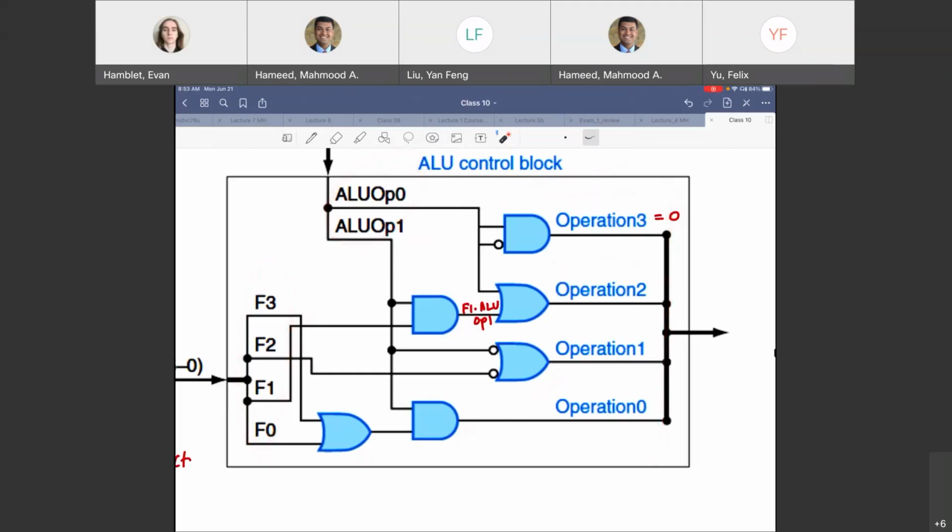So that's how this circuit is computed. Yeah, go ahead. Oh, say that again. Yes, always a 0, right? Because we have hardwired this and this, the same thing is being hardwired.